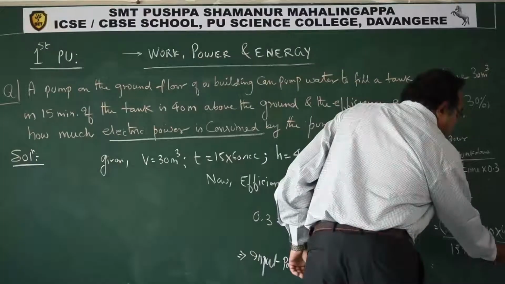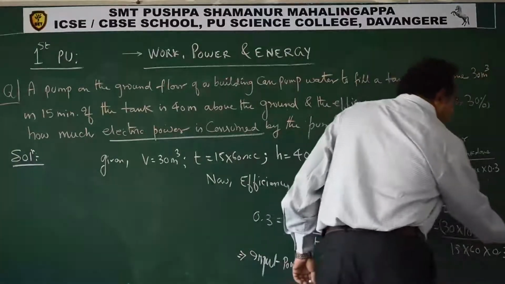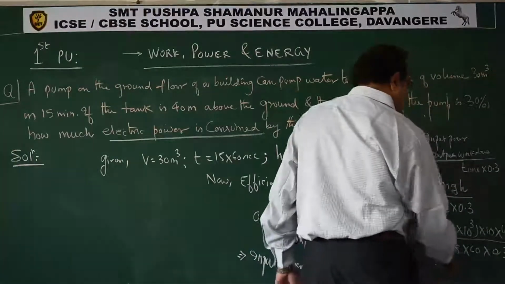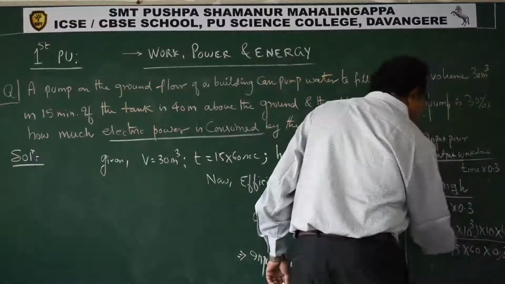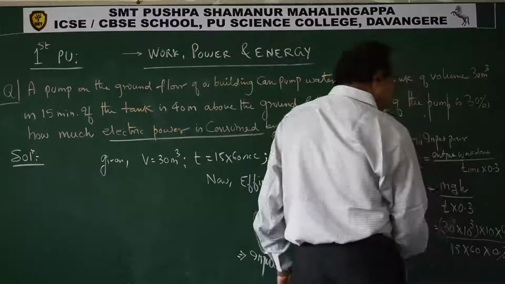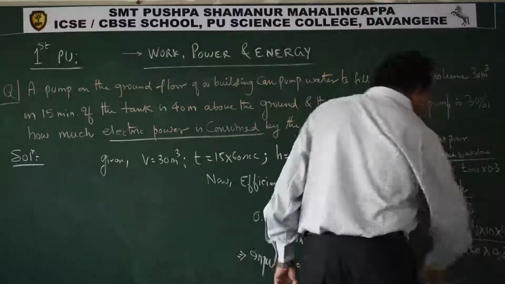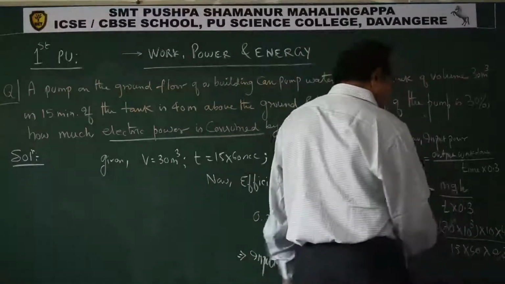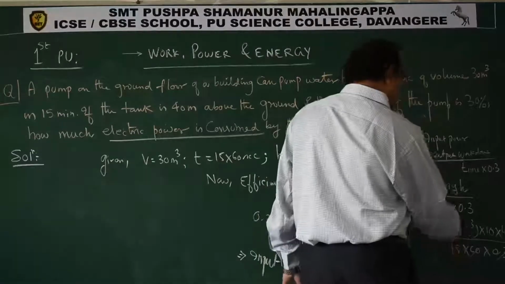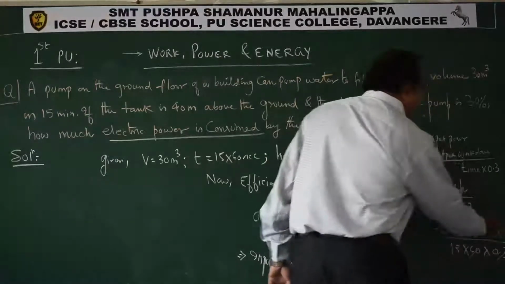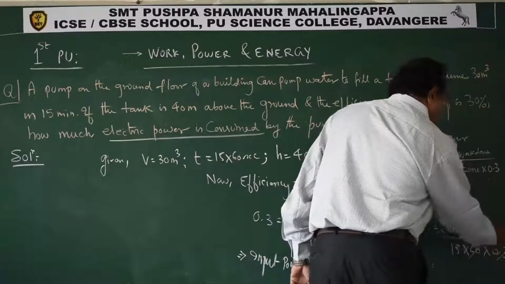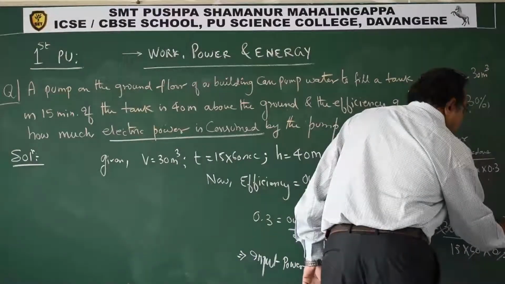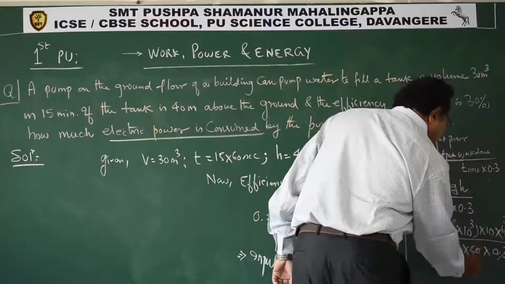Remove this decimal, so here a 0 gets added, so this 3 here and 10 get cancelled out, and this 0 here cancels out. Now you can further simplify this. This is 200, this is 3.